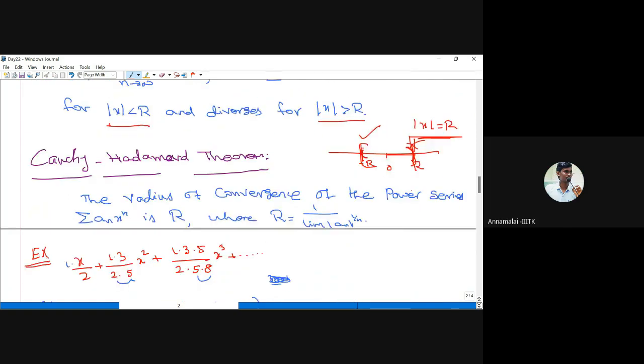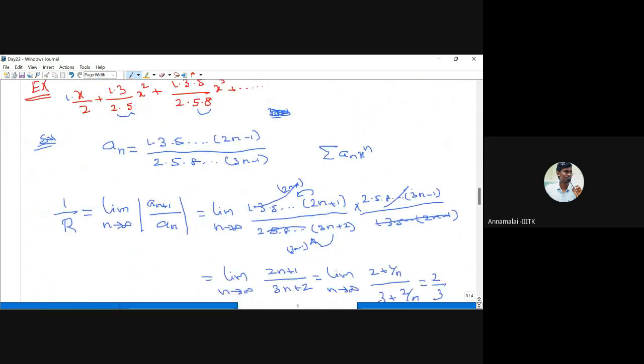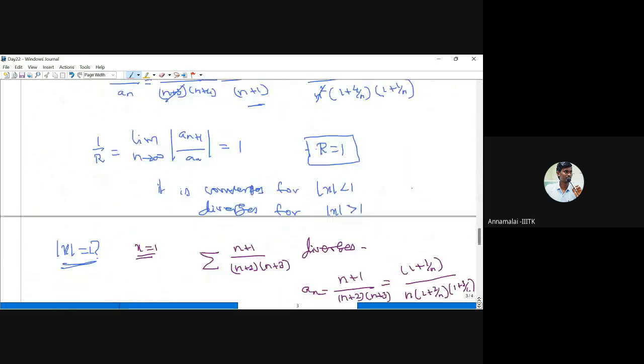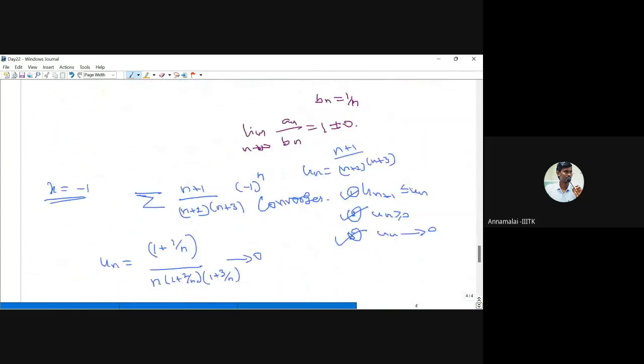So we have to check the endpoints. What happens for mod x equal to r? We know that in the series part we studied absolute convergence.